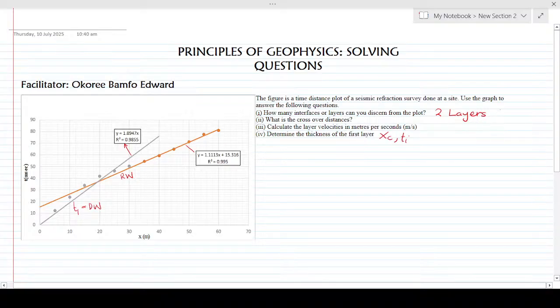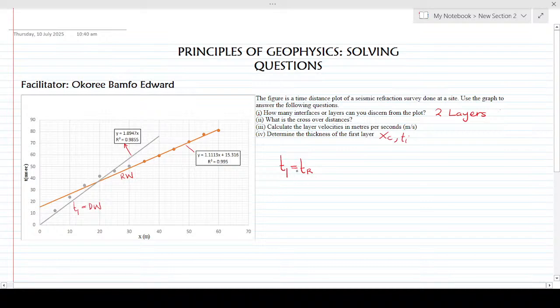Now, from the graph, you are supposed to determine the intercept time and the crossover distance. The crossover is where the time for the direct wave becomes equal to the time for the refracted wave to get to the geophone.